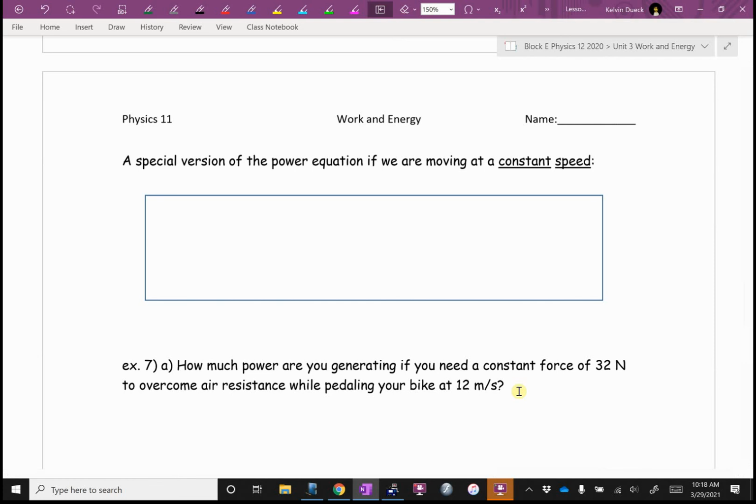Power is work over time, but there is a special version of the power equation if you are moving at a constant speed. So you ready? Underneath the box, but not in the box, can you write power equals work over time?